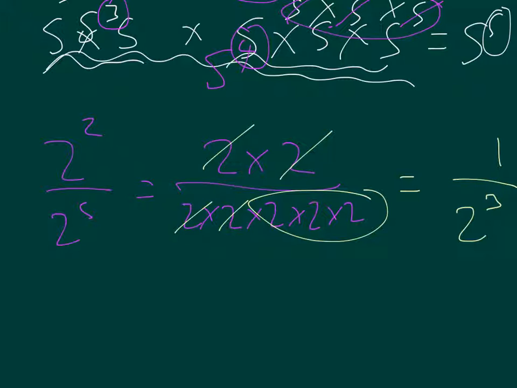But our law of indices tells us that when you have things with the same base, such as these are, both base 2 is what we'd say, you subtract. That's what we saw before, so it should be 2 to the power 2 minus 5, that's minus 3, 2 to the power minus 3. So it should be 2 to the power minus 3, whatever that might mean. Well, it must mean 1 over 2 cubed. So negative indices mean reciprocals, 1 over.